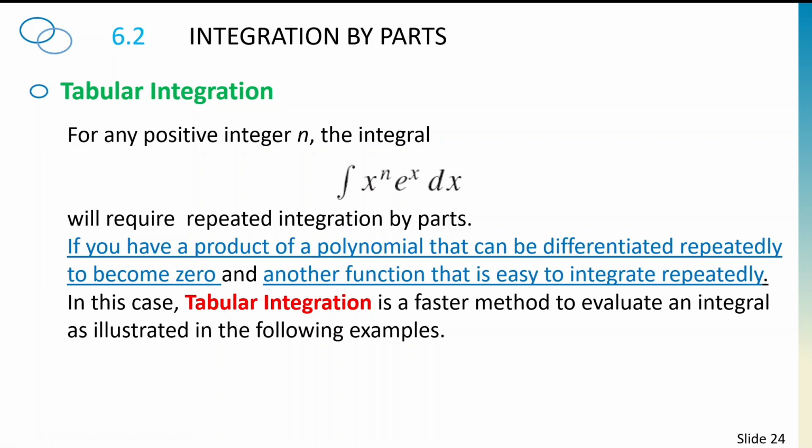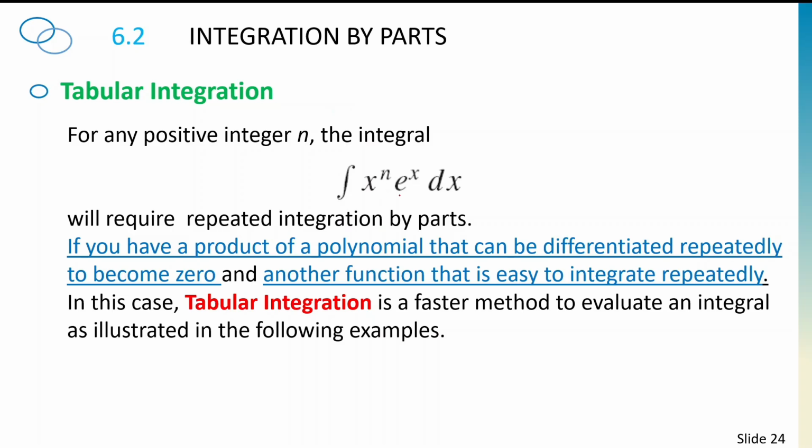Now the only part left for us today is to learn a new fast method. We call it the tabular integration method. This method is helpful for integrals which need repeating integration by parts multiple times.